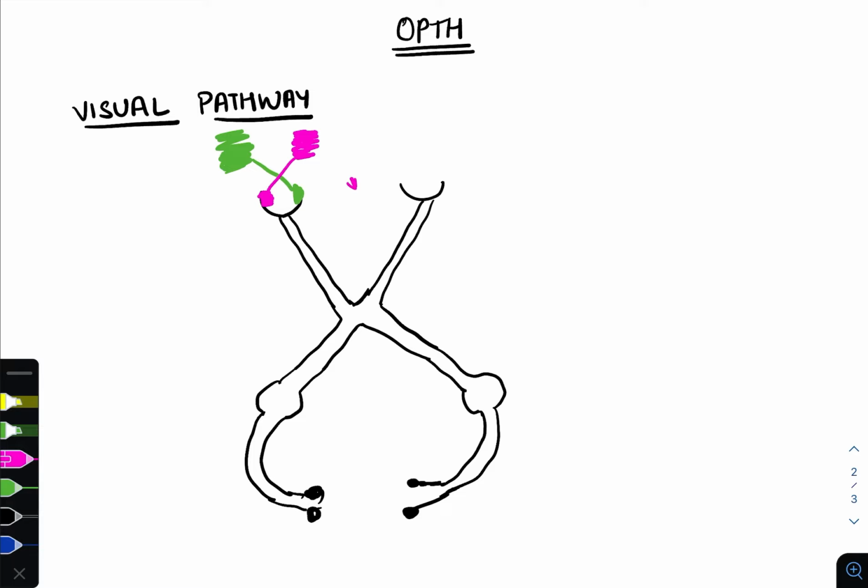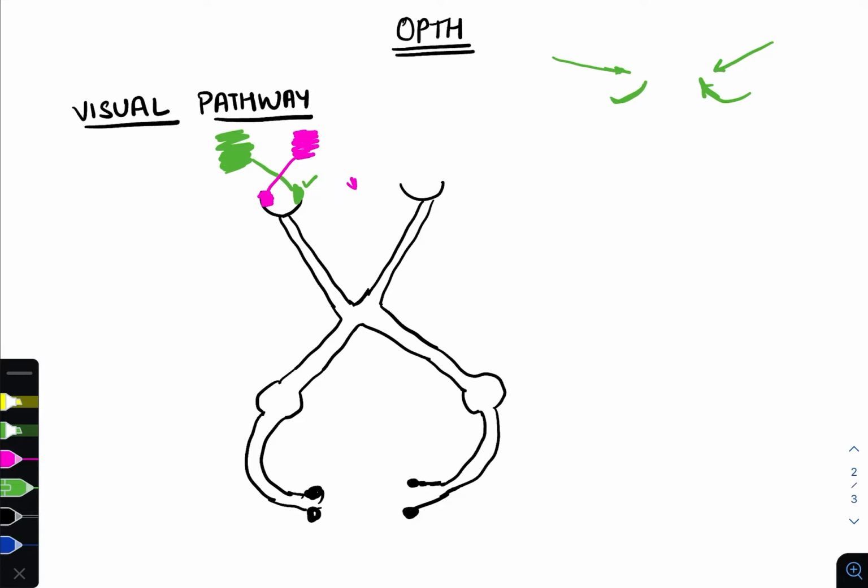The structure around the nose is the nasal retina, and beside it is the temporal retina. The green one is our nasal retina and the pink one is our temporal retina. We see opposite fields because our eyes rotate. When we look at a structure in one direction, our eyes rotate and the field falls on the nasal retina. If we look in the other direction, the eyes rotate the other way and it falls on the temporal retina. Okay, so this is the first point.